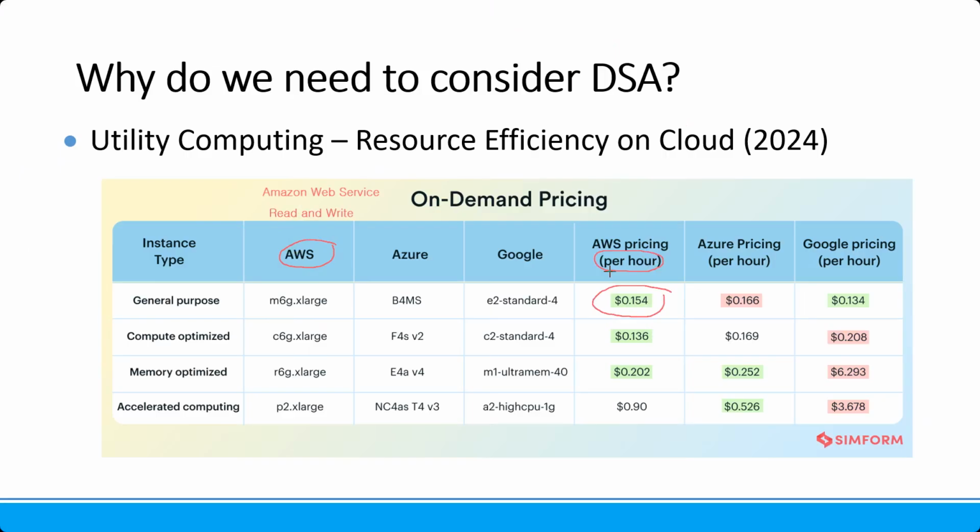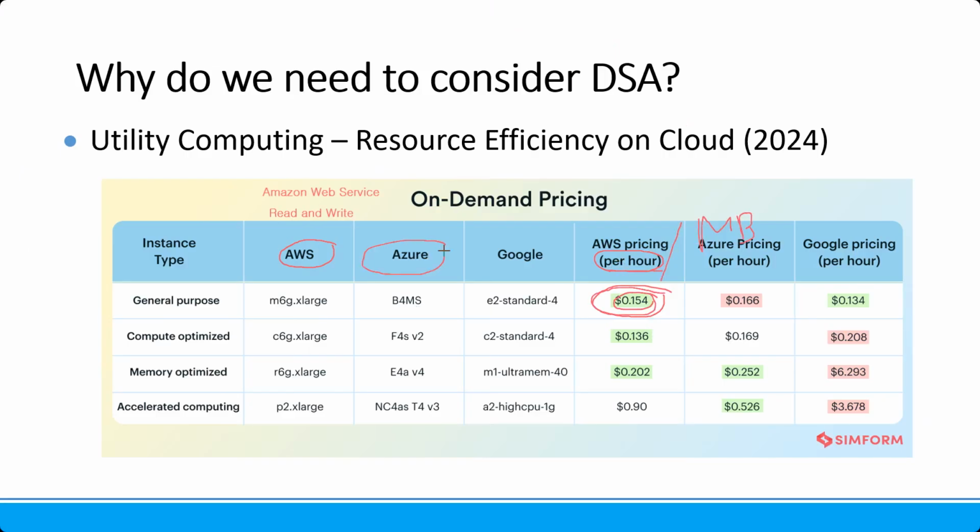Is it cheap? You think this is a very small number, but actually this is not only per hour, but it is also per megabyte. Then if you do not provide a good algorithm, you can see the price will be very high.